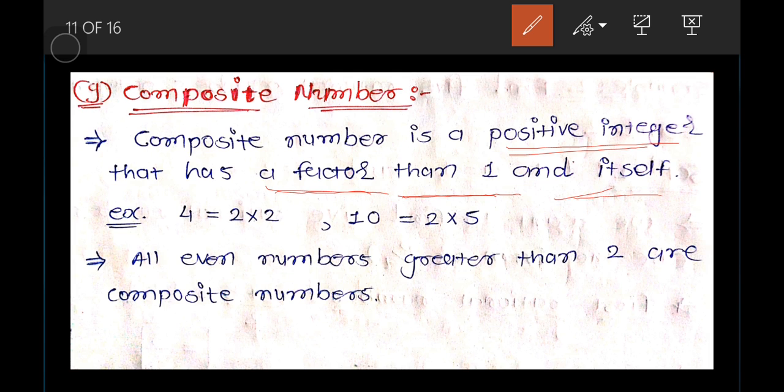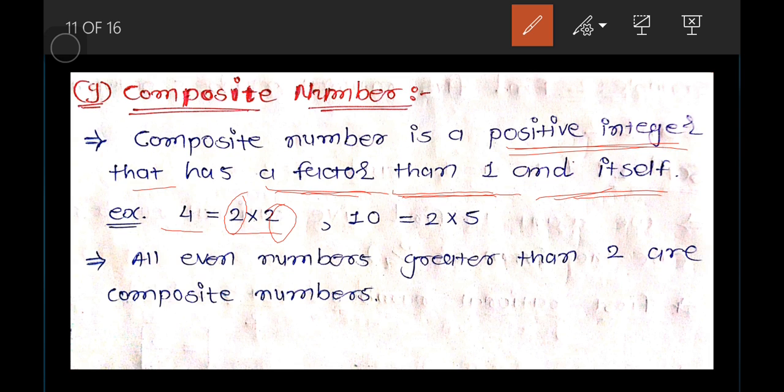If you want to write 4, then we can write 4 is equal to 2 multiplied by 2. So you can see that 4 is composite of two numbers, 2 and 2. So this number is a composite number.